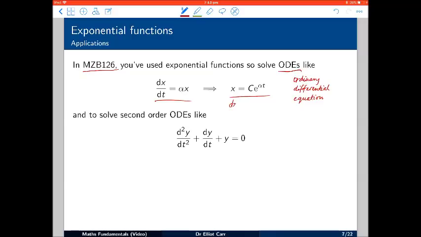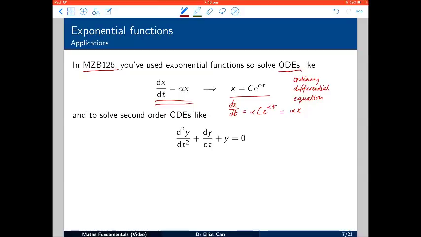And that's because dx dt of this function, differentiating the exponential, the alpha comes out the front. So the derivative is just given by that, and that's simply equal to alpha x. So that satisfies this differential equation. So that's a very simple example.